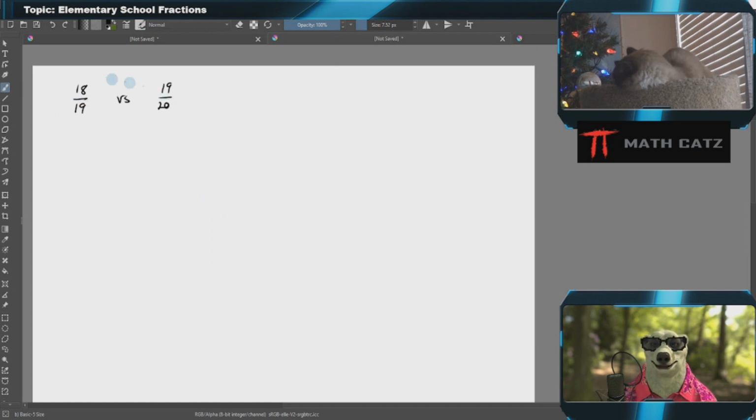I can have something slightly more complicated with this one, and there's still some structure behind these fractions. They're not random, in that I'm comparing two fractions where the numerator is specifically 1 less than the denominator. Now this can be extended, but this is a good next step example.